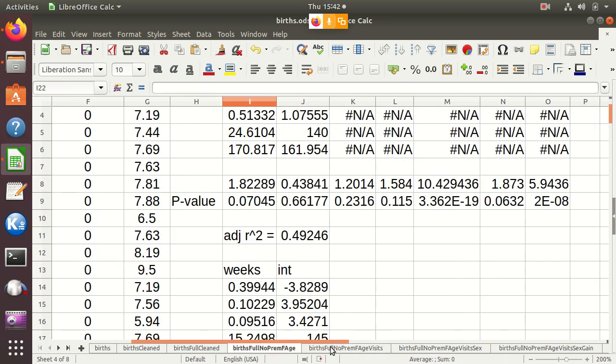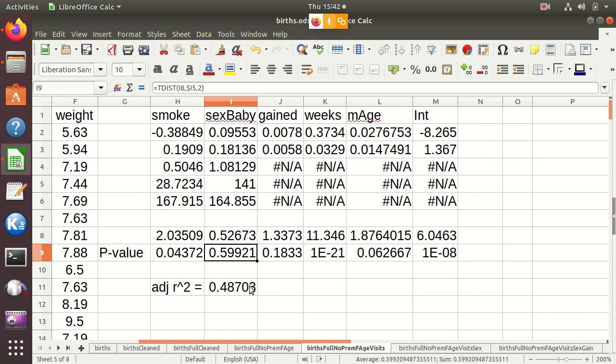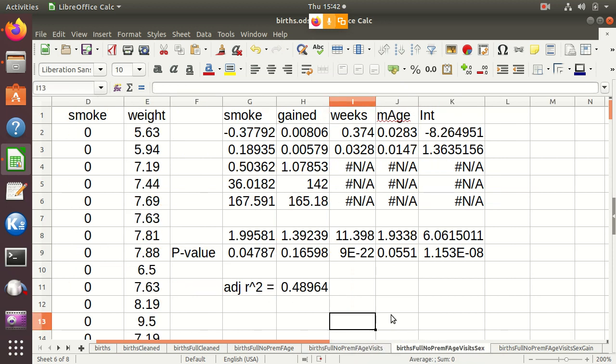Okay, so it went down a little bit yet again, but not a lot. And now when I take out the visits, it actually went back up just a tiny bit. So it's all been around 0.5. Nothing's really dropped, nothing's really gone up. So the adjusted R squared really hasn't been a factor in all this.